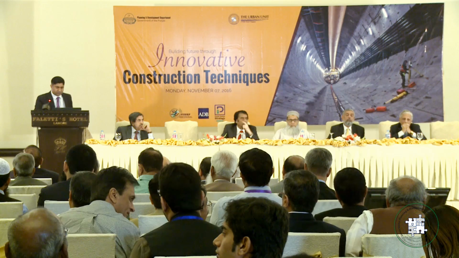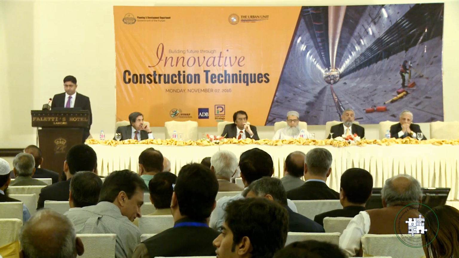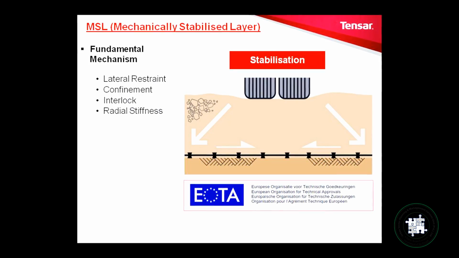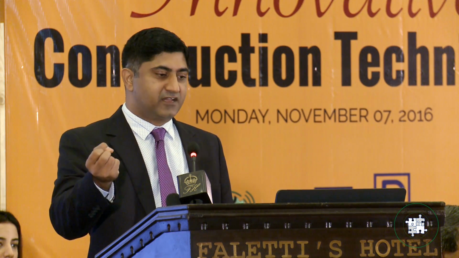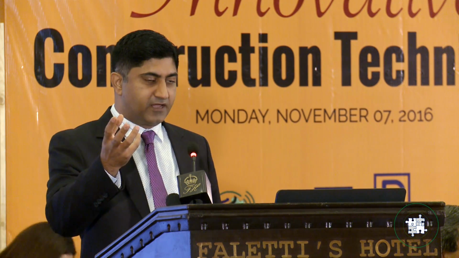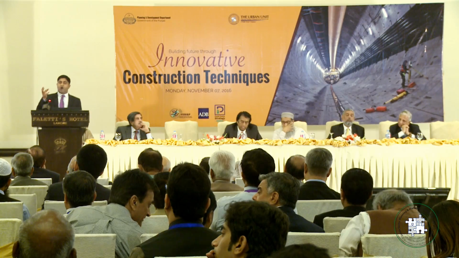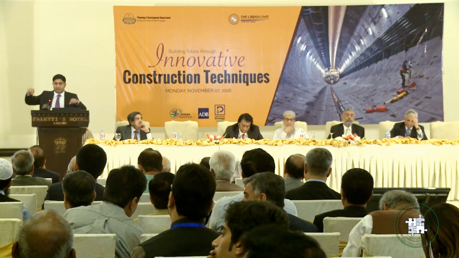This MSL concept has been recognized by the European Organisation for Technical Approvals, which defines that it works through lateral constraint, confinement of particles, and that confinement offers interlock to the particles, which restricts their movements. As a result, it offers radial stiffness, because we know the load is radial, in all 360 directions.